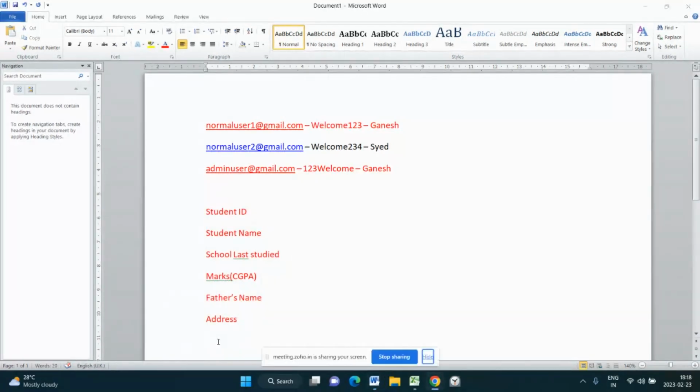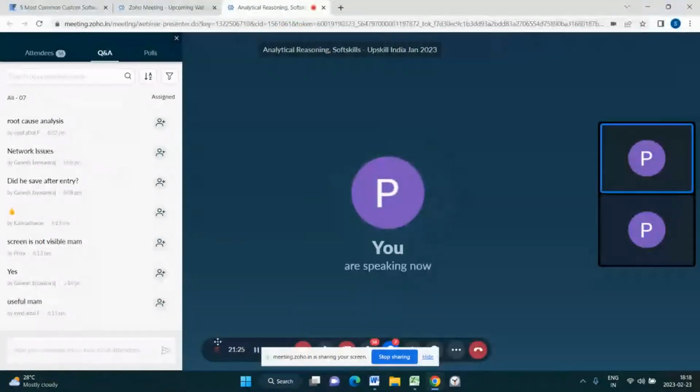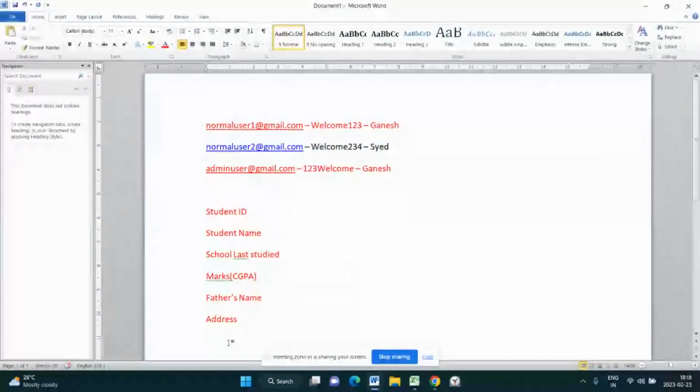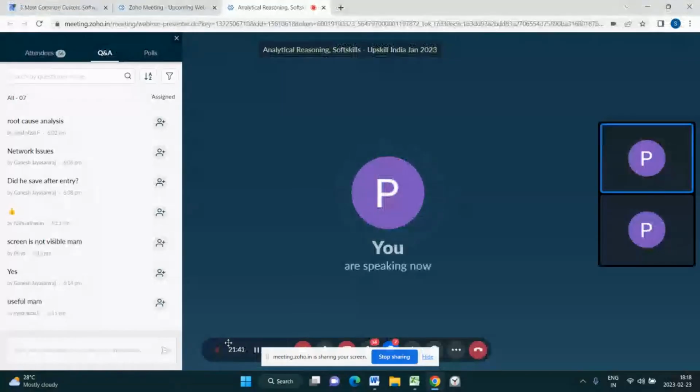Other than this, what else does your college collect from a student? If you check your ID card, you will also have blood group. Do you have blood group in your ID card? You can check.